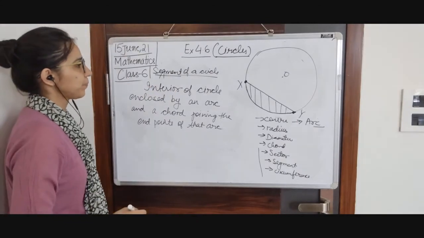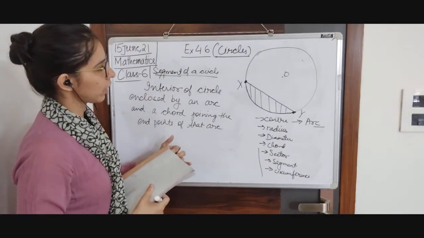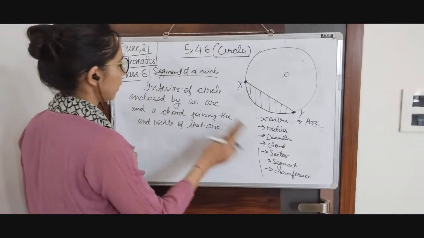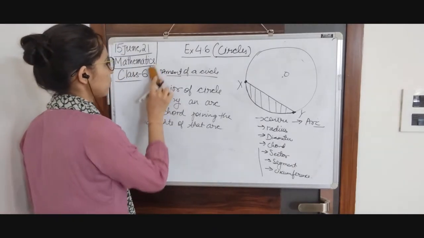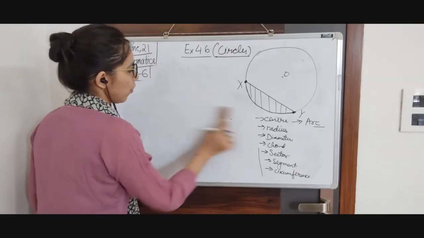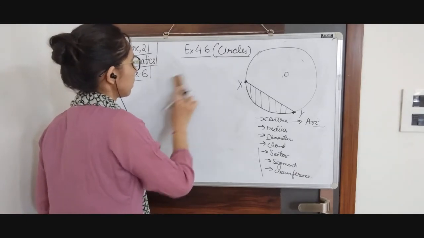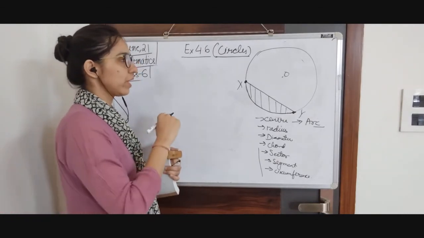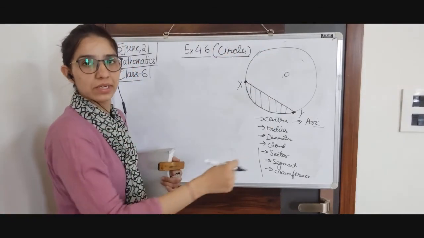Alright. Next we are talking about semicircle. We have, okay, we have circumference also. Circumference, suppose you have a thread, and you bind it to the boundary of the circle.